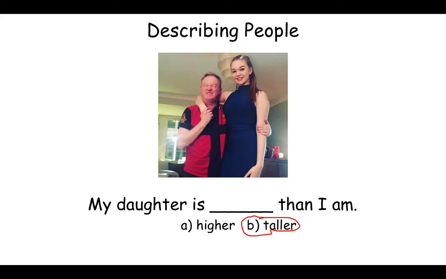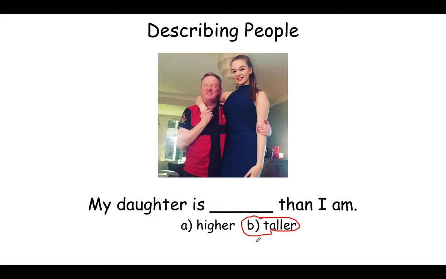She has a large height. We use the word tall and not high. Like you could say she's really tall. She is really tall, but you would not say she is really high. That doesn't work in English.